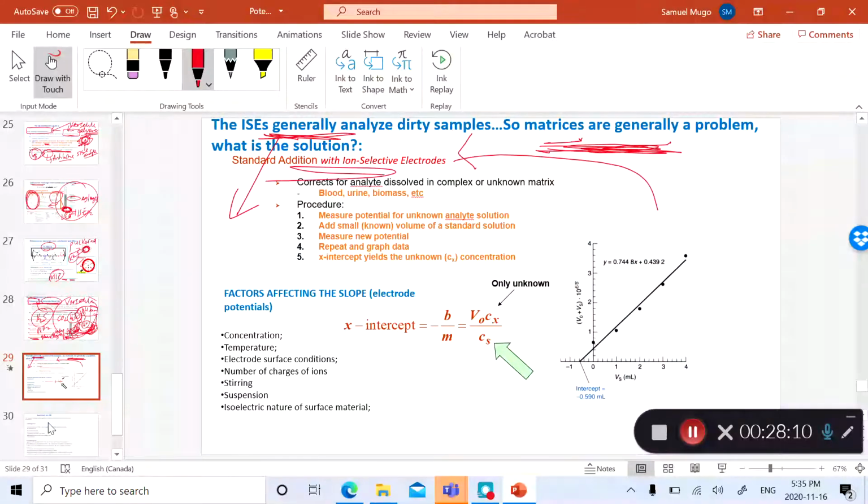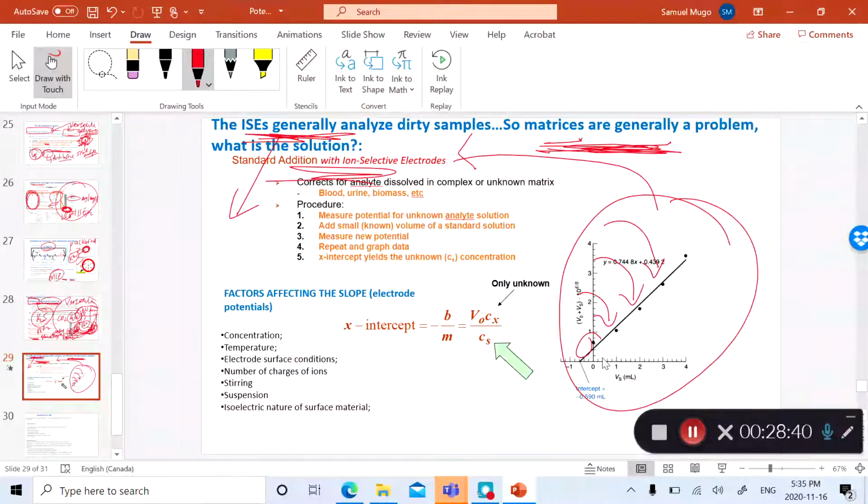is standardization calibration. So if I'm trying to analyze, say, glucose or urea in blood or in urine, and I'm trying to use an ion selective electrode, the best method to do the calibration is a standardization, where I take the sample, maybe the urine, I analyze it, and then I spike it with increasing concentrations of, say, urea, if that's what I'm trying to analyze, and then I can make my calibration.